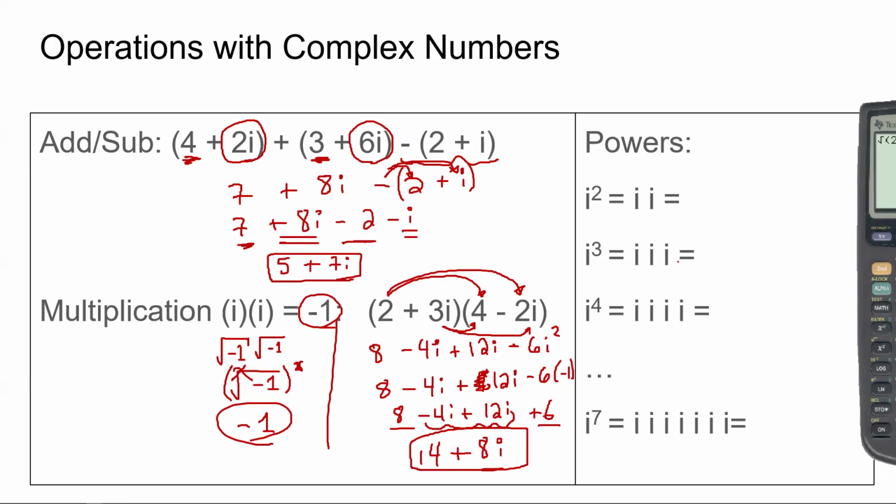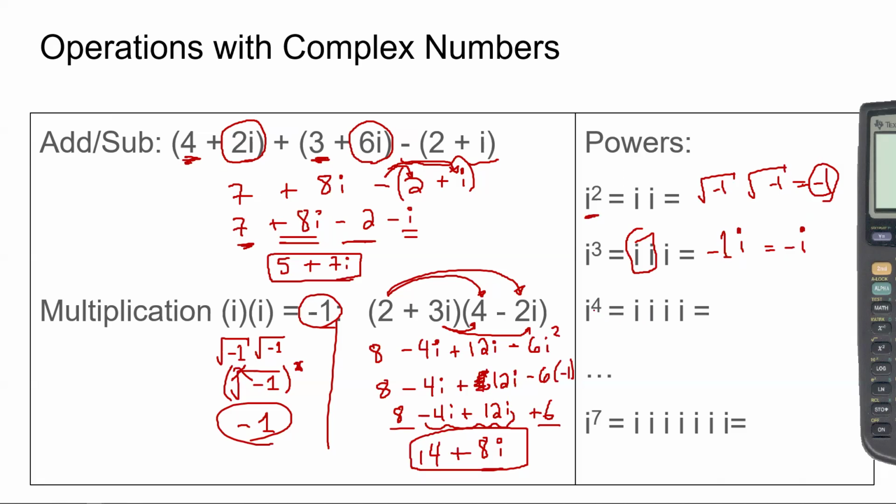I'll let you ponder all these just kind of as a way to think about it. i is equal to the square root of negative 1. We've already done this one, so that one's going to give me a negative 1. If I take this negative 1 for i squared, now I've got a negative 1 times that third i, so I just end up with a negative i.